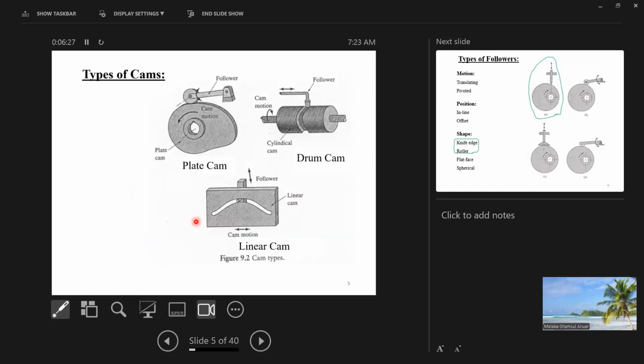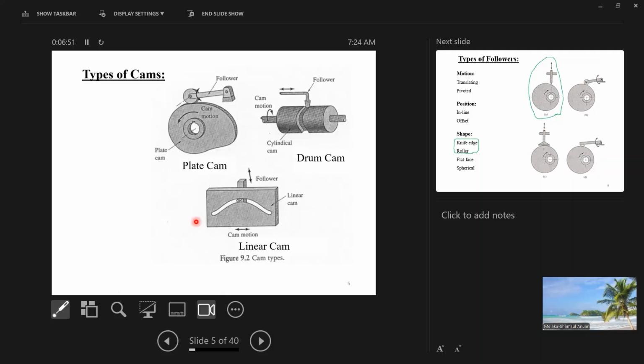Then these are other types of cams. You can have plate cams, drum cams, and linear cams. So you can imagine how they are utilized. And some cams are being used in something simple, such as clamps.